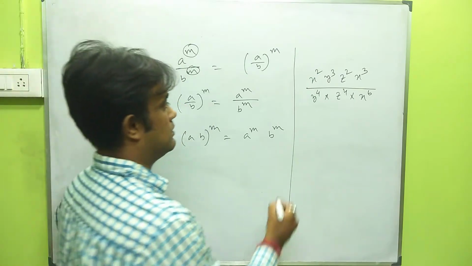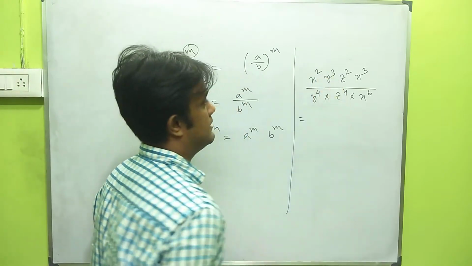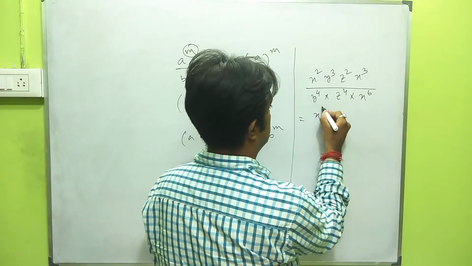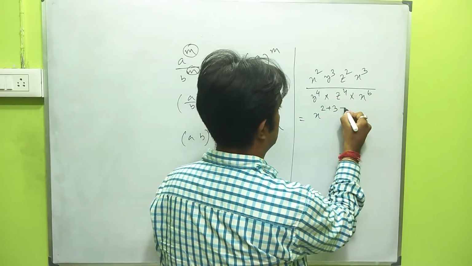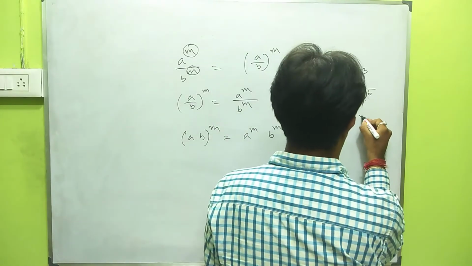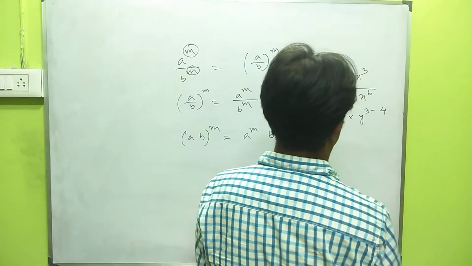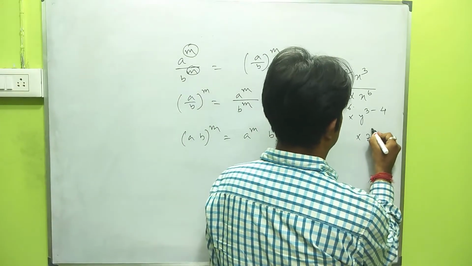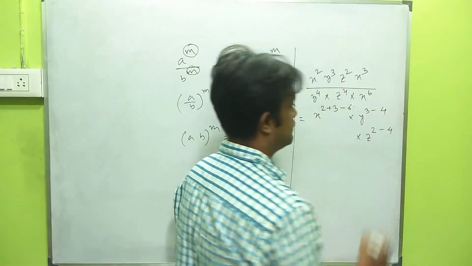So by applying the previous rule, we can write x to the power 2 plus 3 minus 6, y to the power 3 minus 4, and z to the power 2 minus 4.